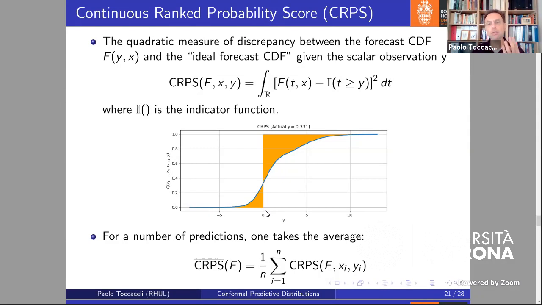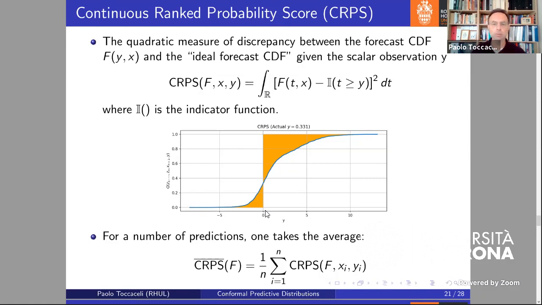In the chart, I'm showing the case in which the actual y was 0.3. And the ideal prediction that, say, an oracle could give you would be a step function located at 0.3.